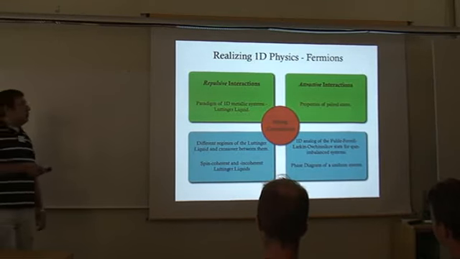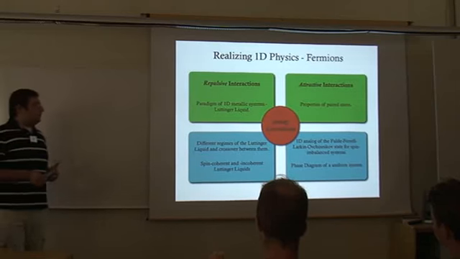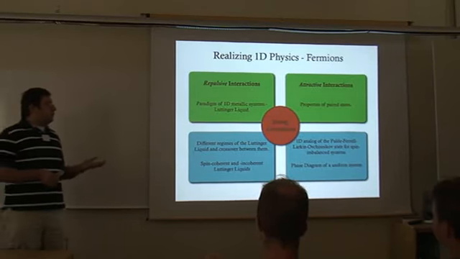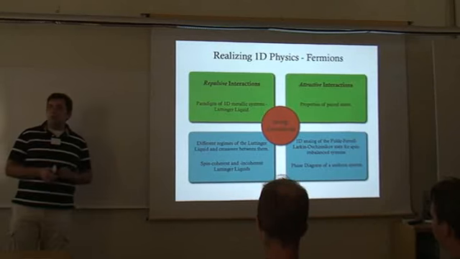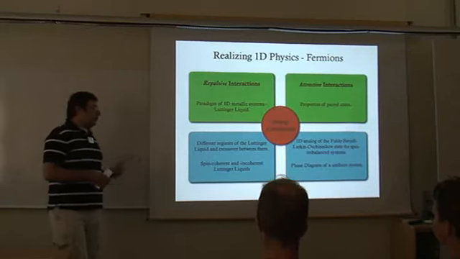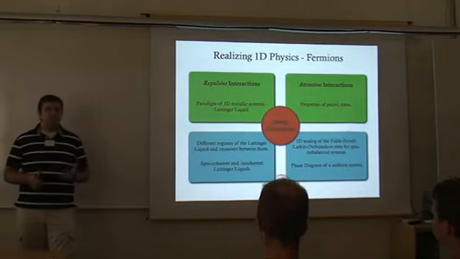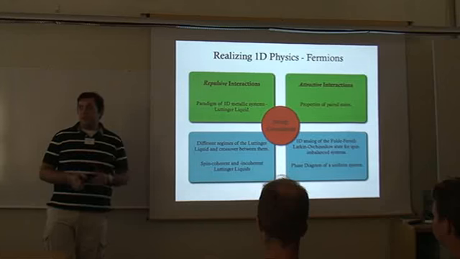And for attractive interactions, I'll be interested in properties of the paired states and whether I can say anything about the 1D analog of the FFLO state in these systems, and if it's possible to get the phase diagram of a uniform system from the trapped profiles of the real experiment.